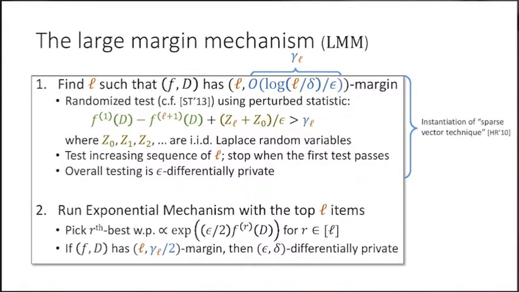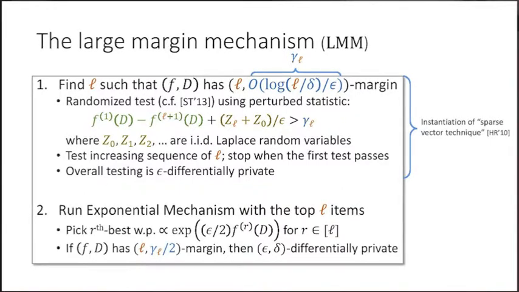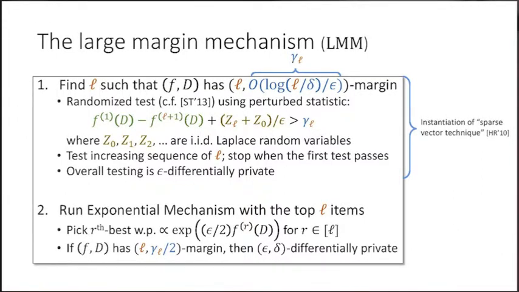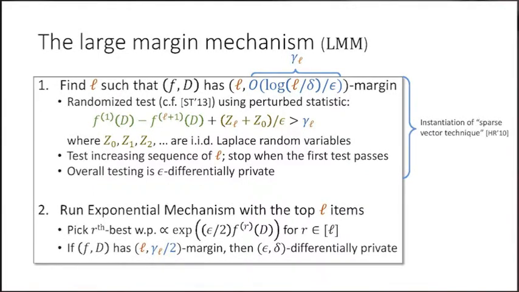And then in the second step, well, this turned out to be also an instantiation of this other technique due to Hart and Rothblum called the sparse vector technique. But then the second step is exactly just running the standard worst case procedure, but restricted to a smaller subset.